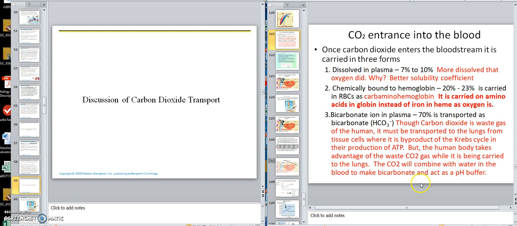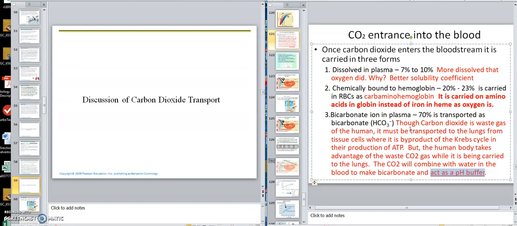The CO2 will combine with water in the blood to make bicarbonate, and the key to this is to act as a pH buffer. We'll be talking about acid-base balance, but a pH buffer controls the pH in the blood and the body. A pH buffer. So you're taking advantage of this waste.